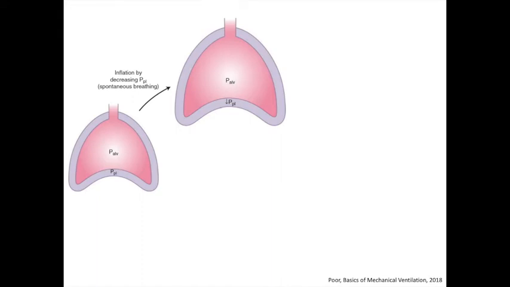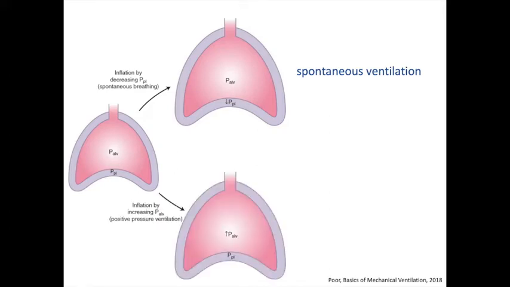When we inflate the lungs by decreasing the pleural pressure, that's spontaneous ventilation. We contract our muscles of inspiration, our diaphragms descend, the intrathoracic pressure decreases, and therefore the pleural pressure decreases, and the lungs inflate. When we inflate the lungs by increasing alveolar pressure, that's positive pressure ventilation.